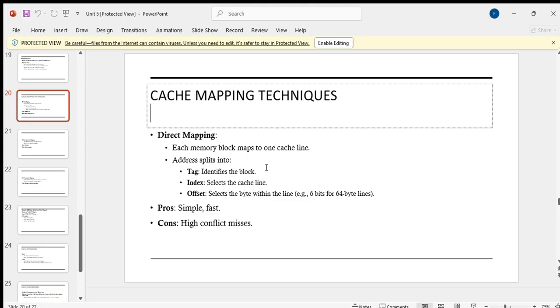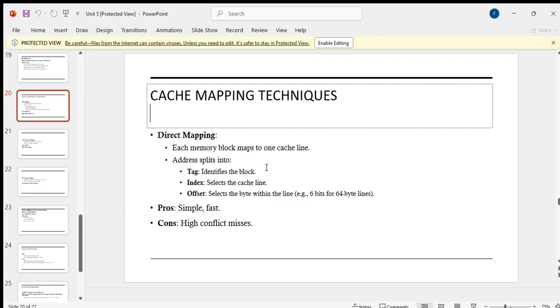It indicates that, let's say, Jamal is a block in memory. So Jamal is our tag, and we are trying to check if the right block is currently stored in the cache, whether Jamal is a human or not. That's what we mean by tag.